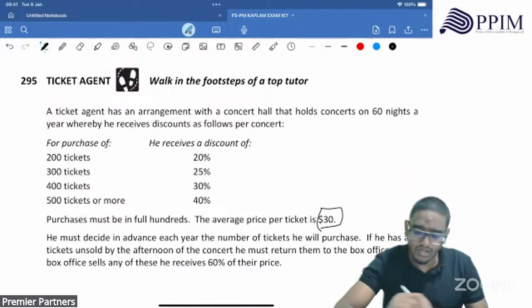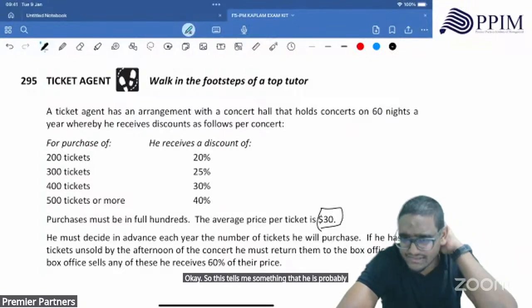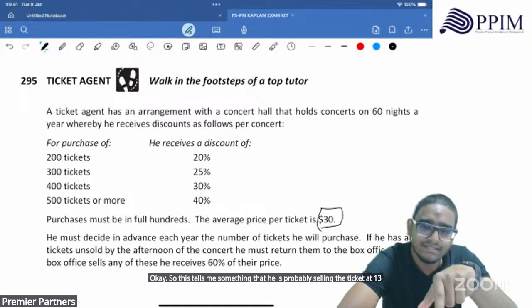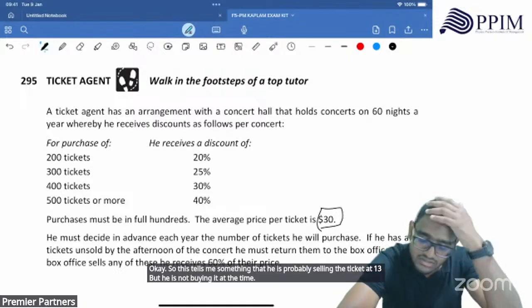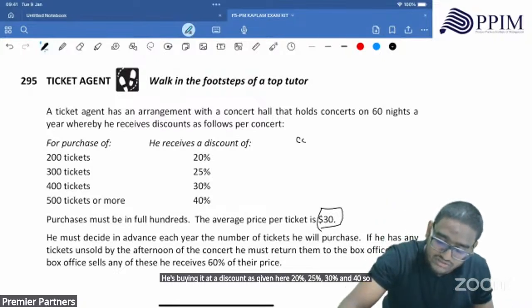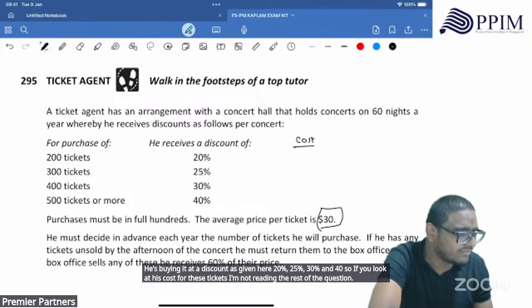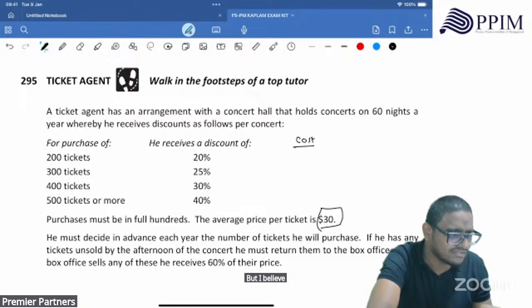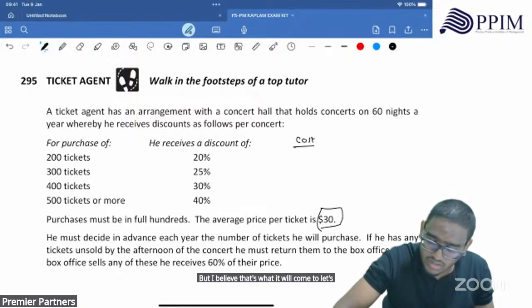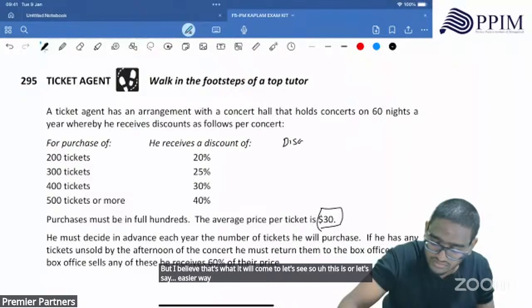Okay. So this tells me he is probably selling the ticket at 30, but he is not buying it at 30. He is buying it at a discount as given here: 20%, 25%, 30%, and 40%. So if you look at his cost for these tickets, let's say, easy way, discount and cost to him.